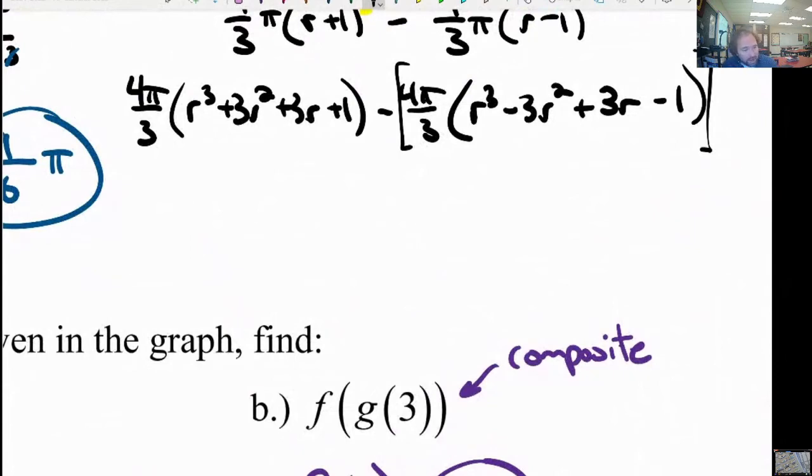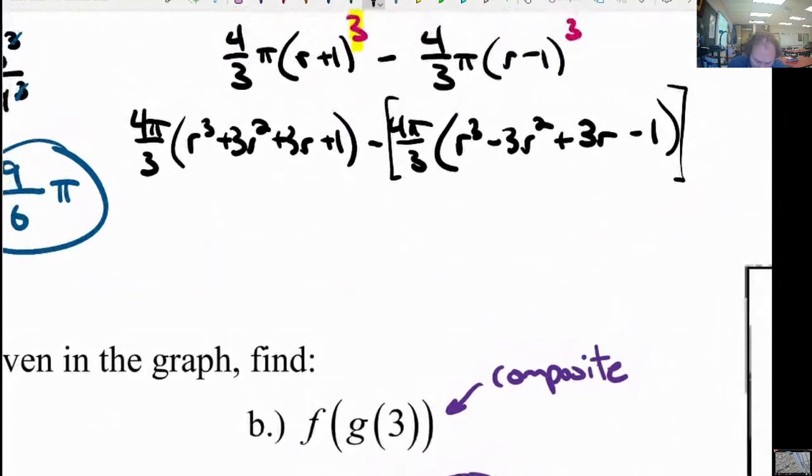So when we subtract things, it's important to look at things that are going to be the same. There's going to be a 4 pi over 3 R to the third and a 4 pi over 3 R to the third. Those are going to cancel out because they're opposites of each other. There's also going to be a 4 pi over 3 times 3R and a 4 pi over 3 times 3R right there. Those are also going to cancel out. In fact, what's going to be left is a 4 pi over 3.